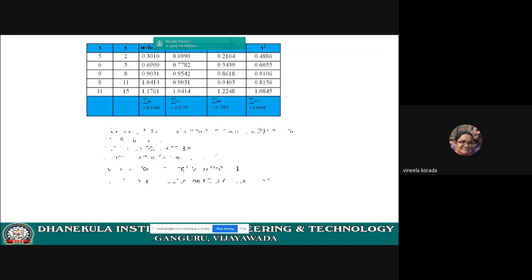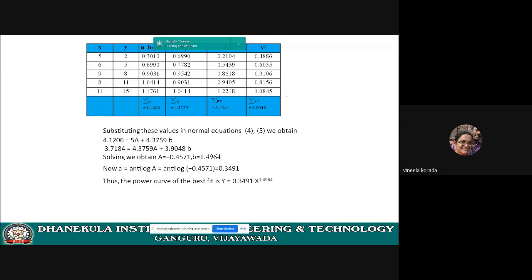So now substitute all these values in the normal equations, solve them, obtain the values of capital E and small v, and next the value of small a by applying anti-logarithm to the value of capital E. So finally, you have the equation of a power curve, which is y is equal to 0.3491 into x power 1.4964. I hope all of you have the same answers.